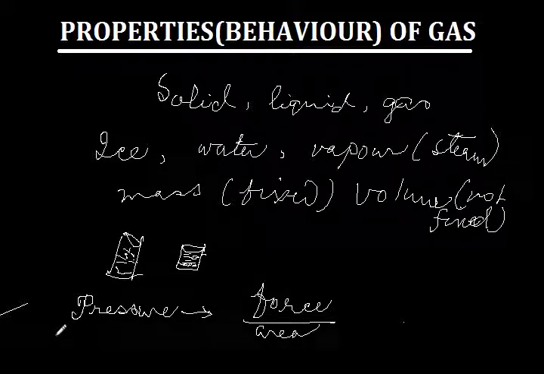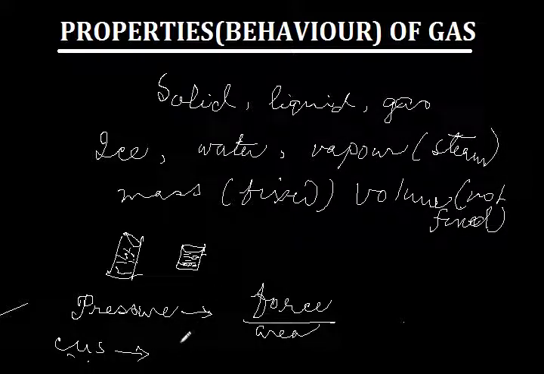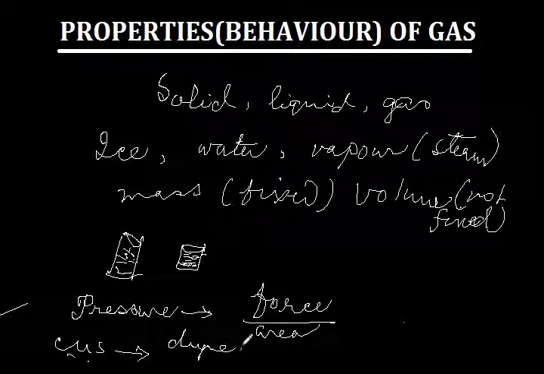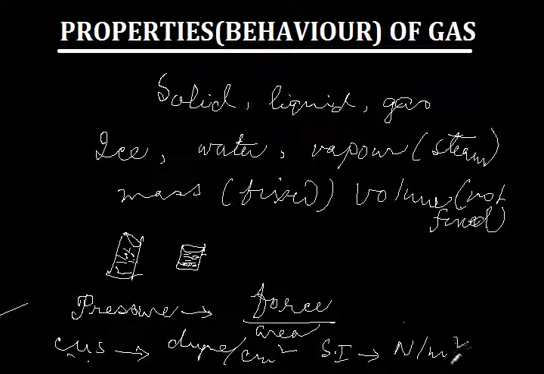Now, what will be the units of pressure? In CGS, unit of force is dyne and that of area is centimeter square. So in CGS, unit of pressure is dyne per centimeter square. In SI, it will be Newton per meter square.